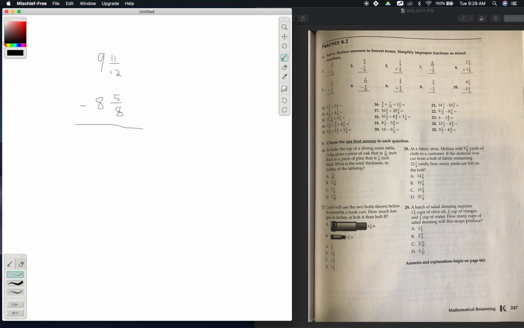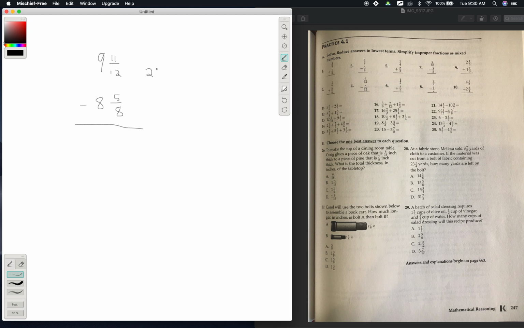Okay, so since 8 does not go into 12 evenly, we have to find, remember, we'll double the largest number. Okay, so 2 times 12 is 24. Does 8 go into 24? Just by knowing your times tables, you should know that it does. 8 times 1 is 8, 8 times 2 is 16, 8 times 3 is 24.